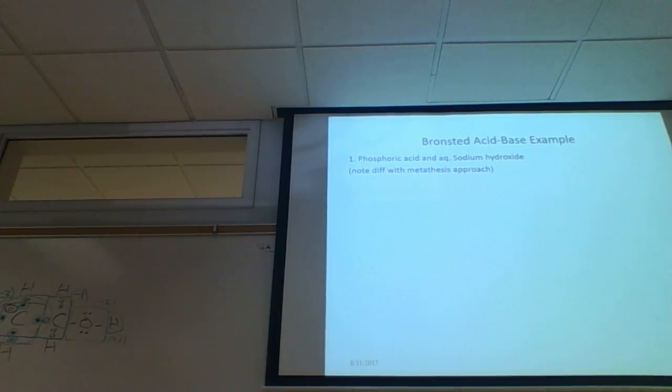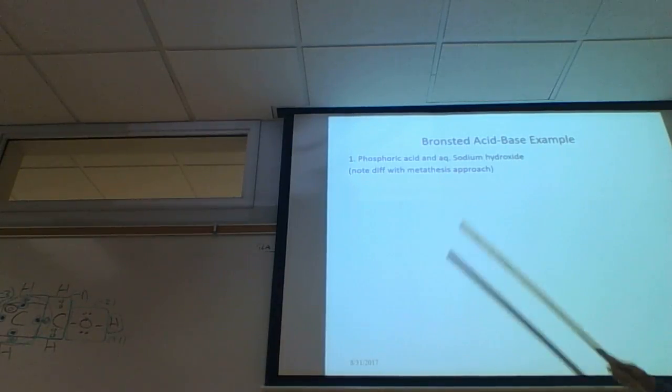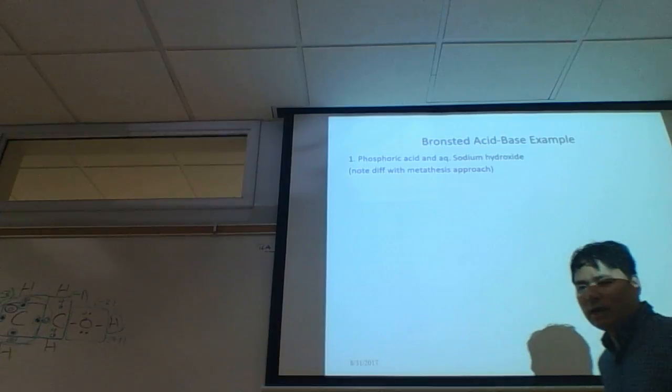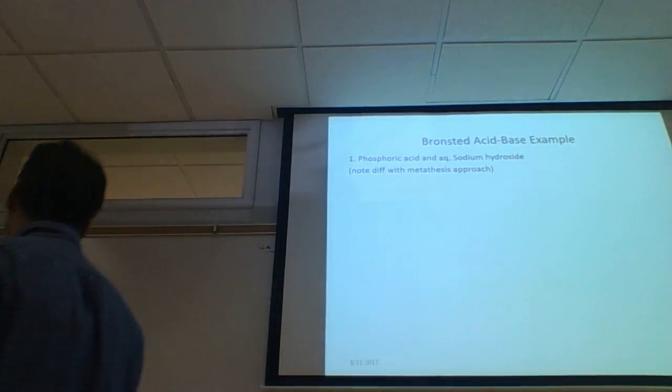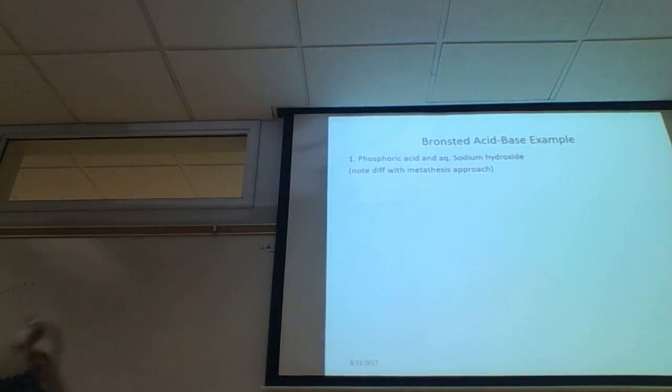So something like this, phosphoric acid and sodium hydroxide, we do have 2 approaches for that. We could do that, phosphoric acid and sodium hydroxide could be a metathesis reaction. What's the formula for phosphoric acid? H3PO4. The formula for sodium hydroxide? Anyway. And so this is an AB plus CD type pattern.